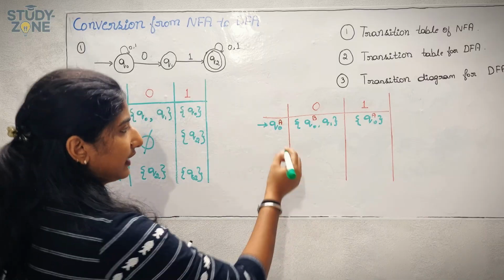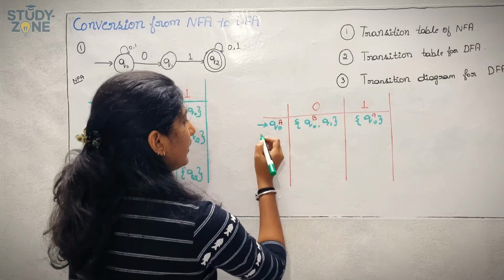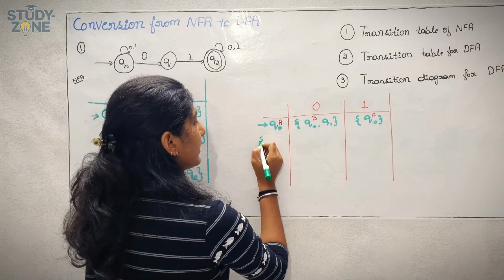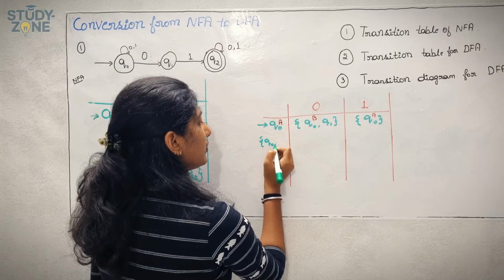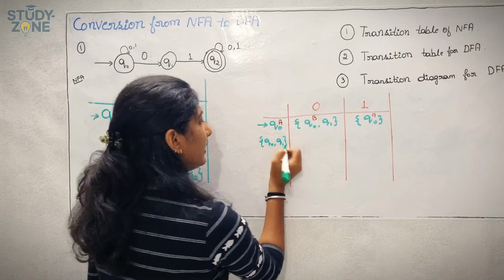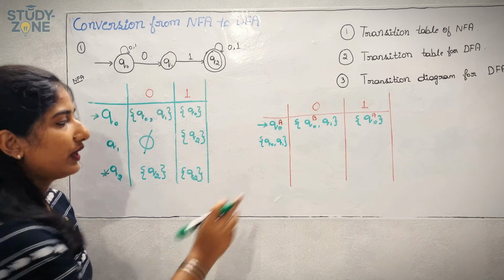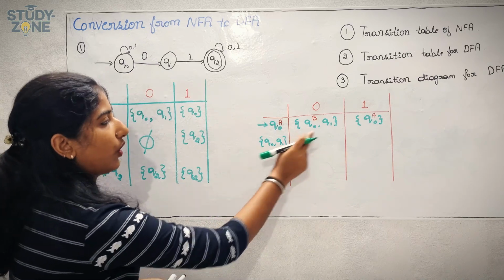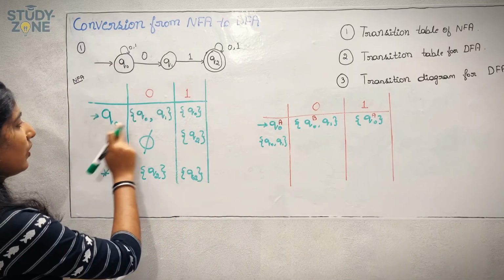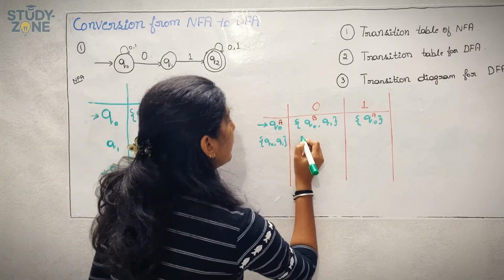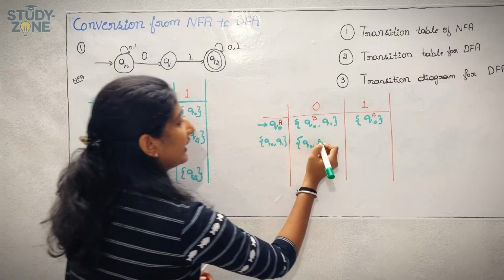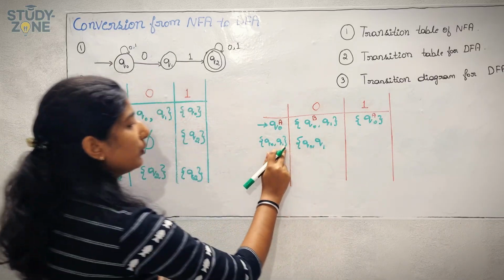Okay, now for A it's done. I got B, right? So I will write the transition table for B, that is Q0, Q1 on 0. How to write this: check what will happen. Q0 on 0 will move to Q0, Q1, and Q1 on 0.